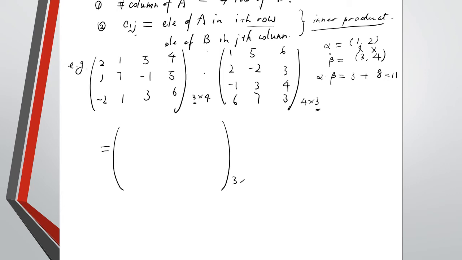So we have a 3 by 3 matrix as the product. Alrighty, so maybe you can pause the video for a minute and calculate it. Maybe you can use a stopwatch to see how many minutes you spend on it.